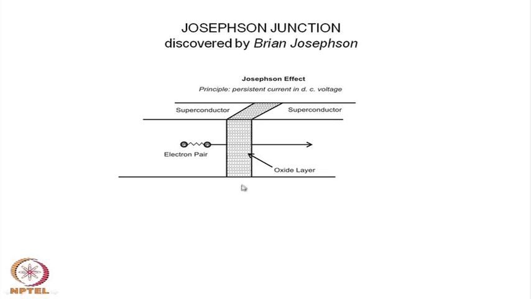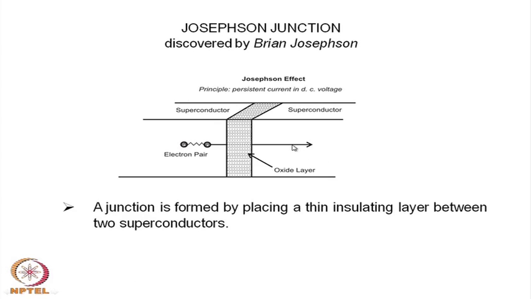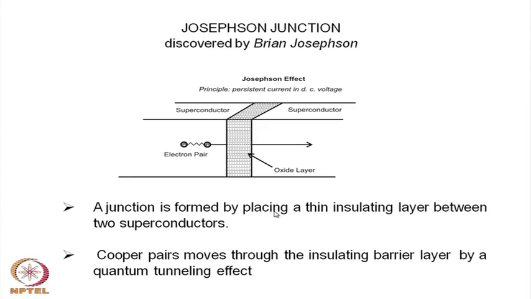It has many different, very sensitive electronic characteristics, but we will not discuss most of them. To give you a little more detail, the junction is formed by placing a thin insulating layer between two superconductors, as I have already mentioned. Cooper pairs I have not introduced so far.